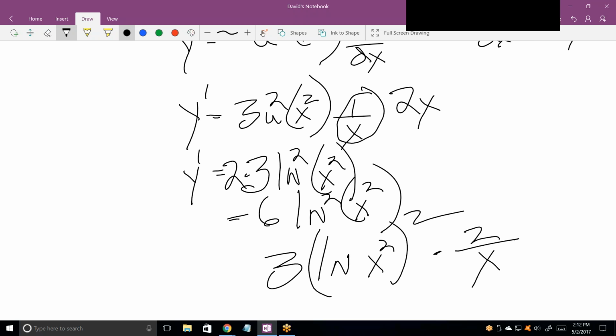Now that's what they taught me at Sylvan. That's what I got there. And I believe I do have a key that my teacher has. Well, notice that that's not that different than what we got. In fact, the 2 over here multiplies the 3 over there to give us our 6. This term, natural log of x squared, is the same as that term.